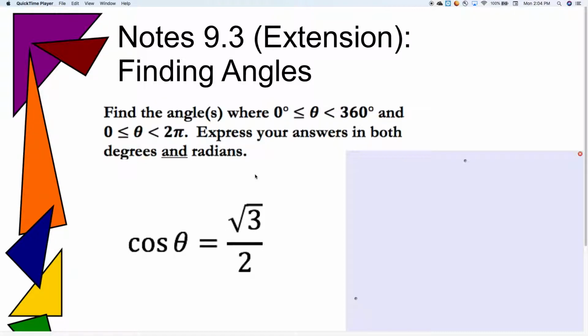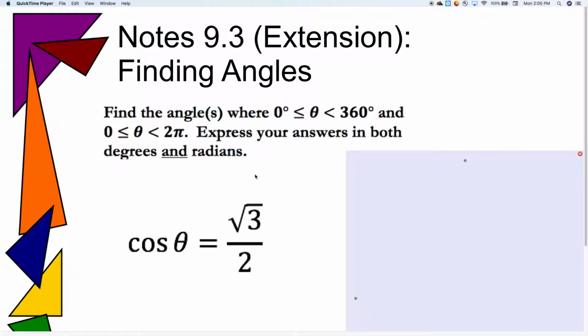But you're giving me an answer that is a ratio. And like what you did on Friday, you would draw those special right triangles, right? 1, 1, square root 2, 1, square root 3, 2, and you would do still y over r, x over r, those types of things.